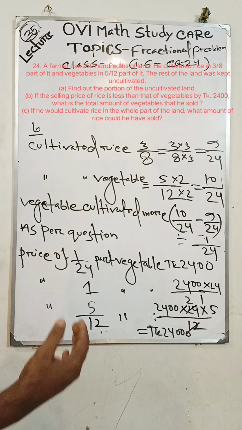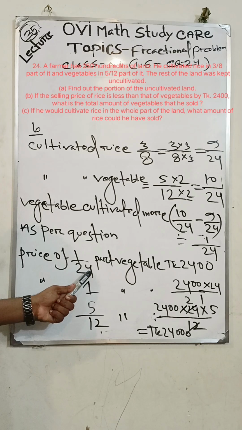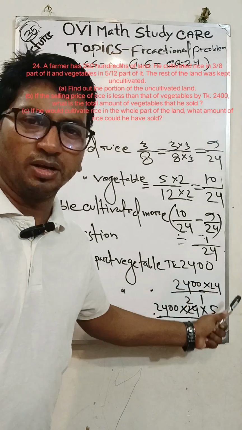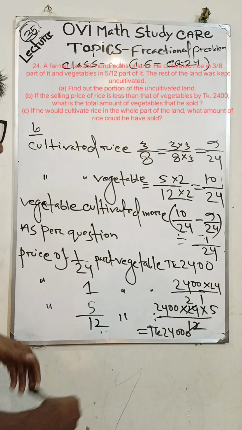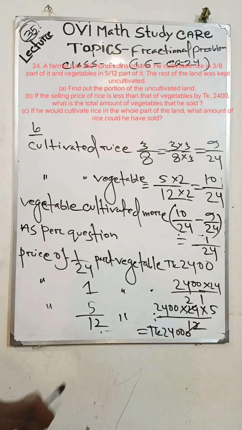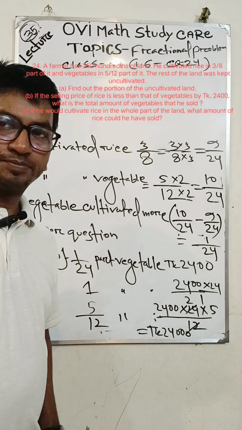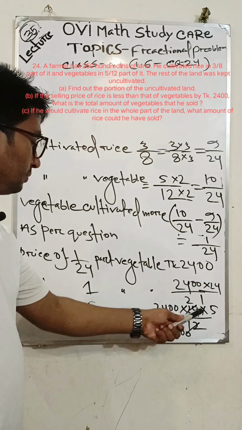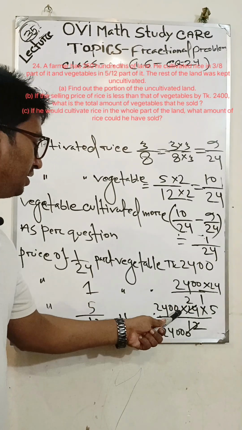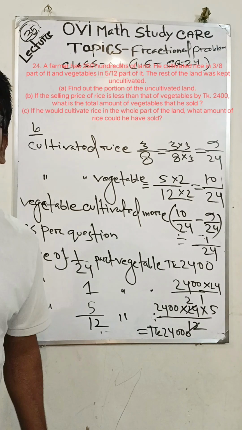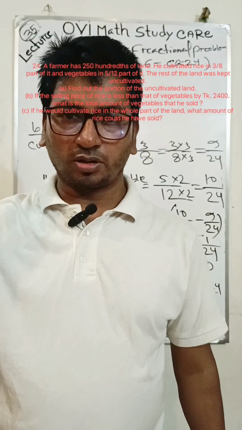That's why we can say, as per the question, the price of 1/24 part of vegetable equals 2400. Then one part of vegetable is 2400 into 24/1, and the vegetable is cultivated 5/12 part, so it will be multiplied by 5/12. If we cut 24 and 12 it becomes 2, 5 twos are 10, 10 into 2400 becomes 24,000, which is the price of vegetable the farmer has sold.